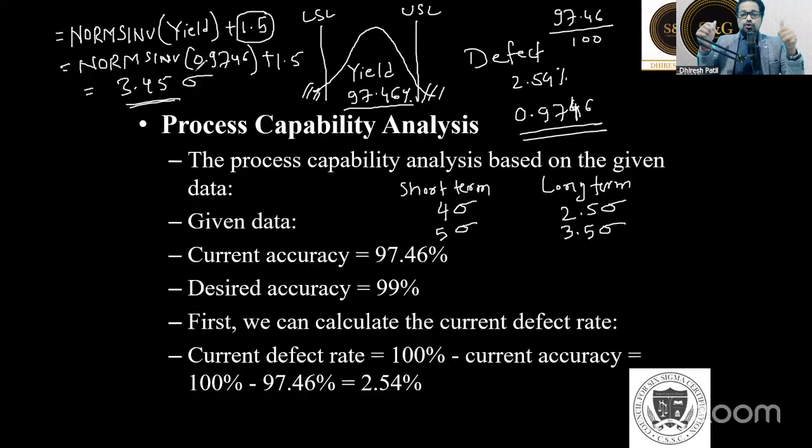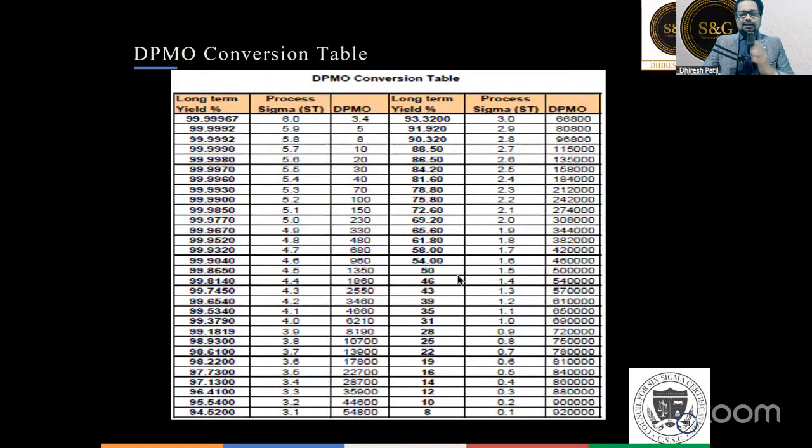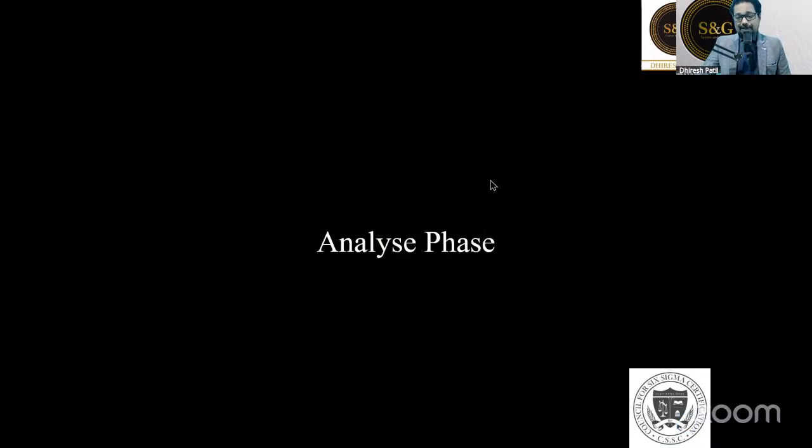All right. So with the yield, you can calculate your sigma number like this. This is another way you can also do this. Then once we calculate this, we go to the analyze phase. 1.5 is a constant value.